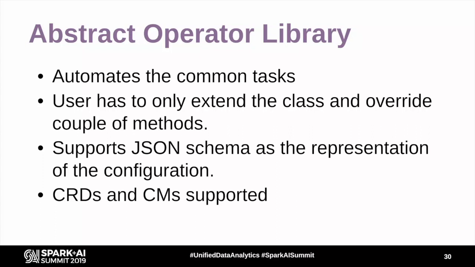And it also uses something called the abstract-operator library, because I've refactored it out from the Spark operator to allow other people to use a similar library for writing other operators. So to my knowledge, there is one operator for Flink, prototyped by a guy from Lightbend.